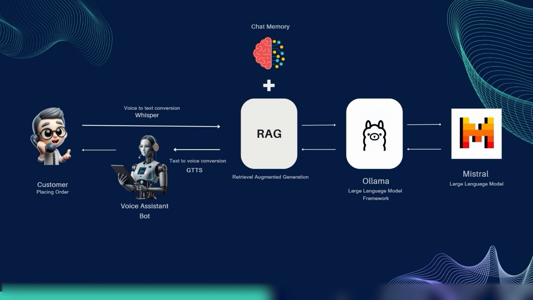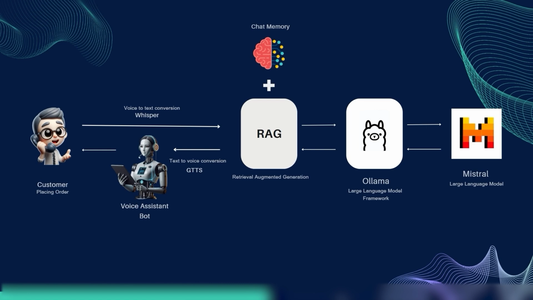The conversation is not like he has placed each and every item in one shot, right? He's interacting with the voice assistant, the bot assistant gives some options, and then he interacts again with different items, like, okay, whether I want this or that.